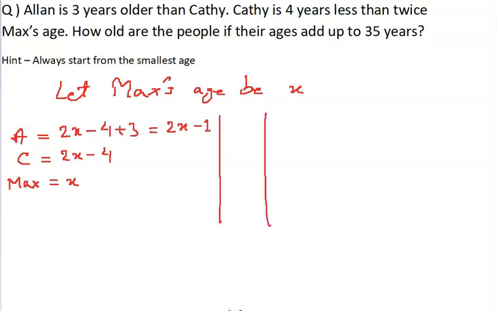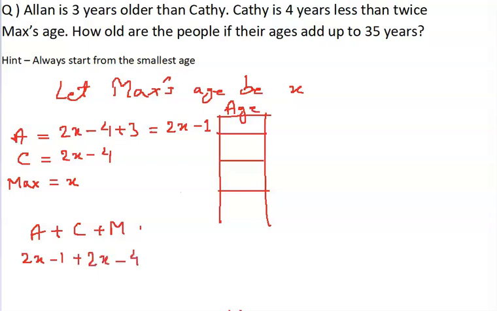If we were to add them all together, as the question says, their ages come up to 35. So let's add them together. Alan's age is 2x minus 1, plus Kathy's age 2x minus 4, and then Max's age plus x equals 35.